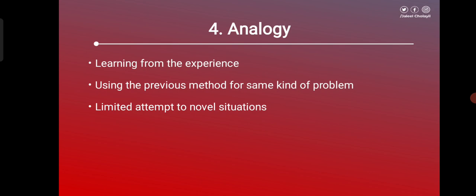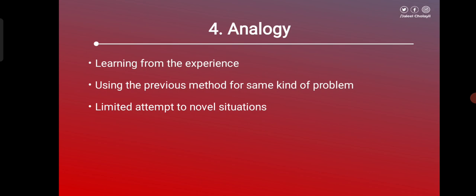And next is analogy. Analogy is learning from experience. We learn from our previous experience. Suppose we had a problem in the past and found a solution, and we try the same solution for the same kind of problem.